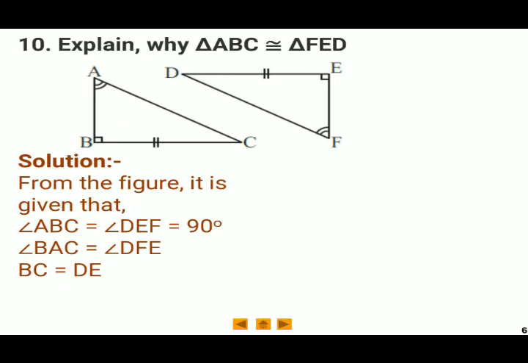Another angle you can see, this angle and this angle, means angle BAC and angle DFE are equal. Next, BC is equal to DE, that side is also given equal. BC is equal to DE.